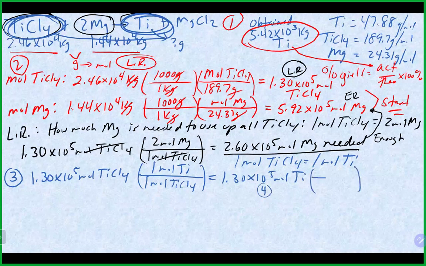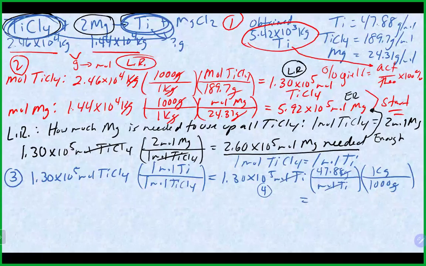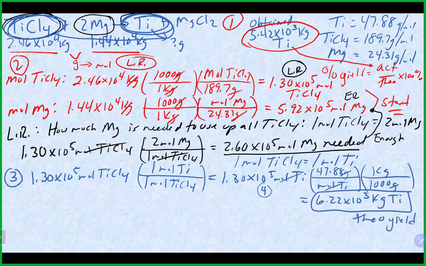Using the molar mass of Ti from the periodic table, which is 47.88 grams per mole, and then 1,000 grams in a kilogram, will give us 6.22 times 10 to the 3 kilograms of Ti. This would be our theoretical yield in kilograms.